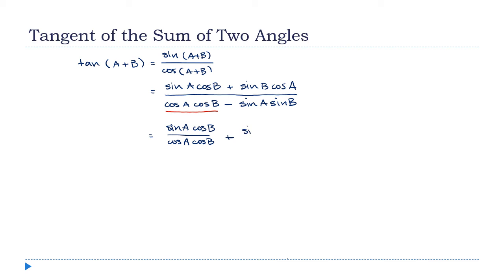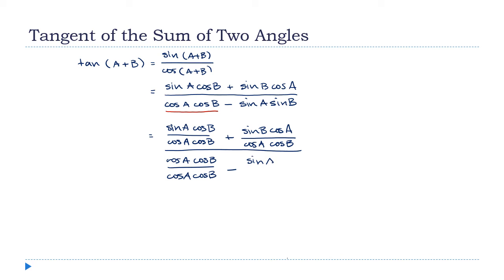Plus sine B cosine A over cosine A cosine B, all over cosine A cosine B divided by cosine A cosine B, minus sine A sine B over cosine A cosine B. Now, a lot of canceling is going to happen.